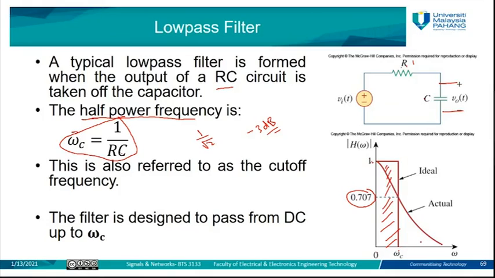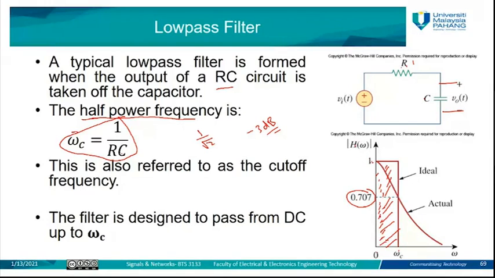That means our magnitude for the transfer function equals 0 when omega is greater than omega C. For that, we call it a low pass filter. Only in the area where omega is less than omega C do we have some output.